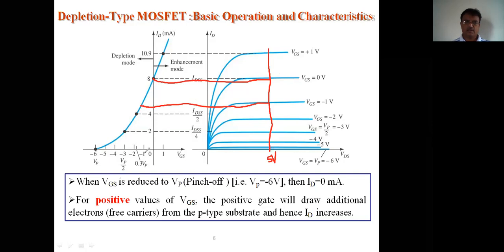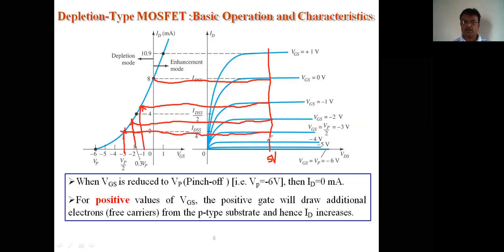So here it is minus 1. Minus 2. I'm not perfect in drawing. So VGS is equal to minus 2, here I am getting the point. Minus 3, similarly, draw a horizontal line which meets at VGS equal to minus 3.